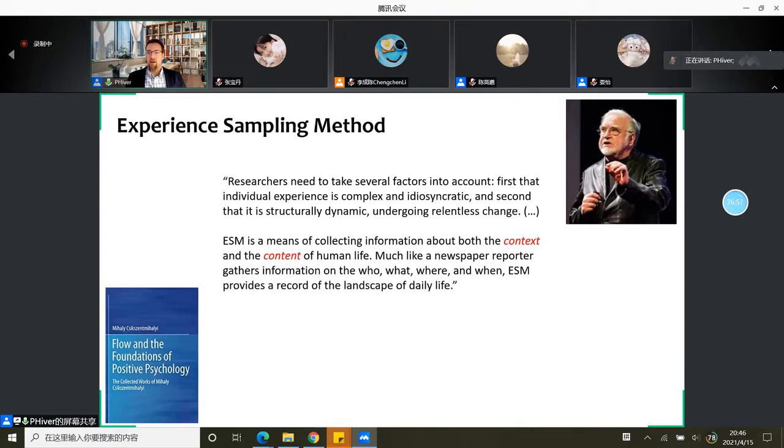So the very first published report using ESM was conducted by Csikszentmihalyi and two of his graduate students in the 1970s, and it was a study of how teenagers spend their waking hours and how they change their activities over the course of a week. So what did this allow him to learn?